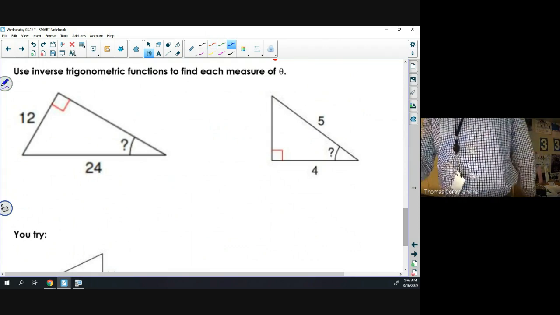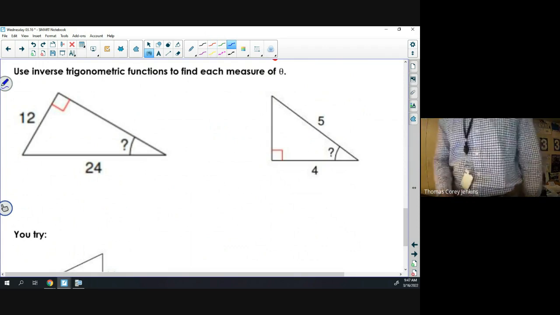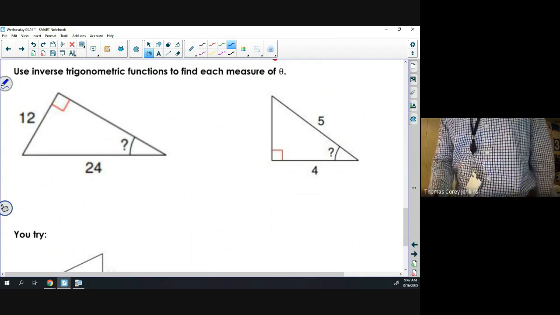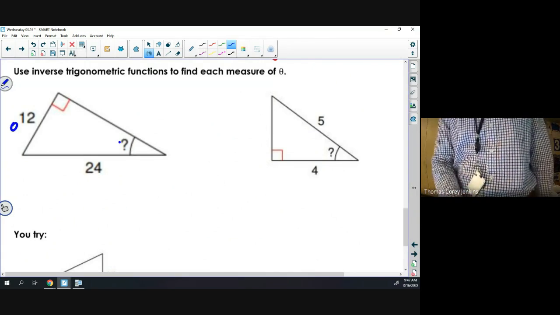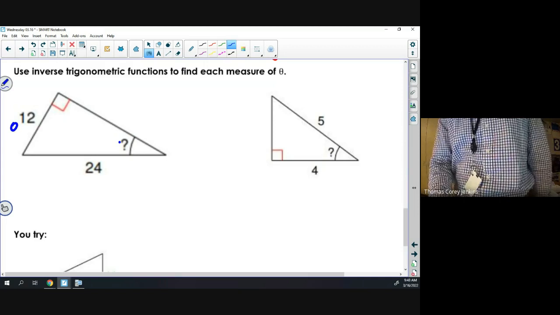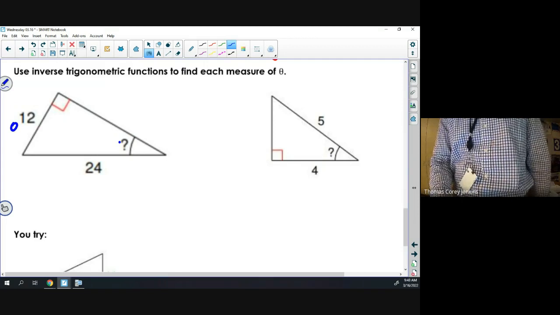All right, so let's think through this. Here's the way I think through these. They asked me to find this angle, given its opposite side, 12, and the hypotenuse, 24. So given opposite and hypotenuse, we think sine.